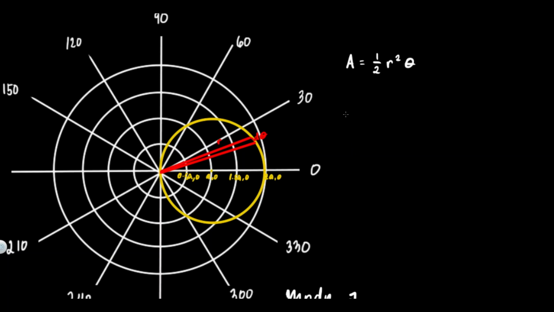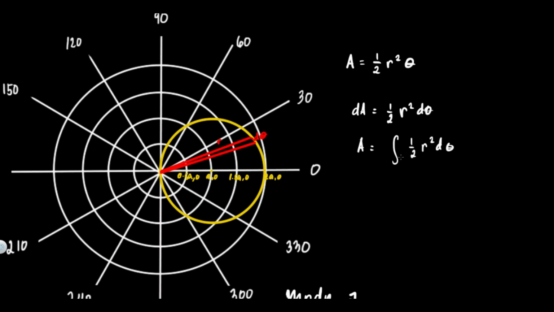Ating differential area will be 1 half r squared, and of course, yung d theta. Maliit na maliit lang yan. Integrating both sides, we have A equals the integral of 1 half r squared d theta.